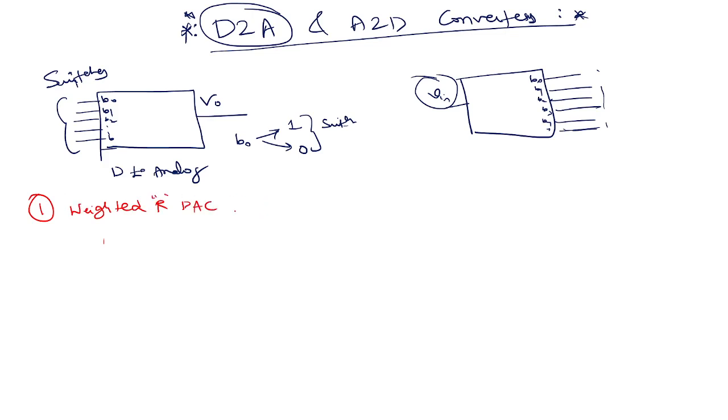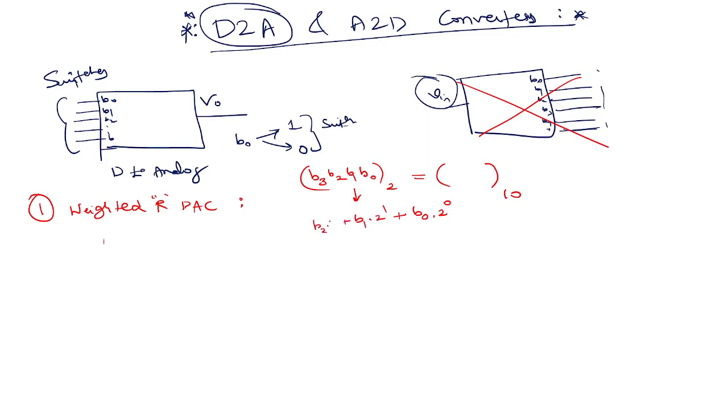So before going into this, generally when a binary number is given like this, let's say B3, B2, B1, B0, base 2, and you want to convert it to decimal, what will you do? We know already: B0 times 2 power 0, plus B1 times 2 power 1, plus B2 times 2 power 2, plus B3 times 2 power 3.